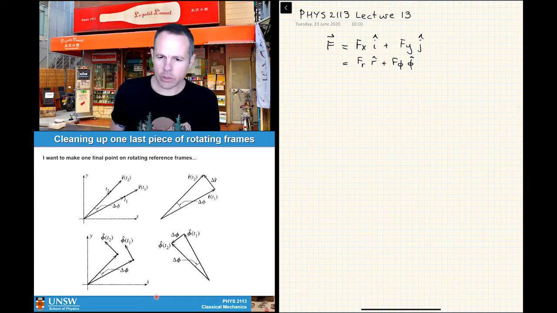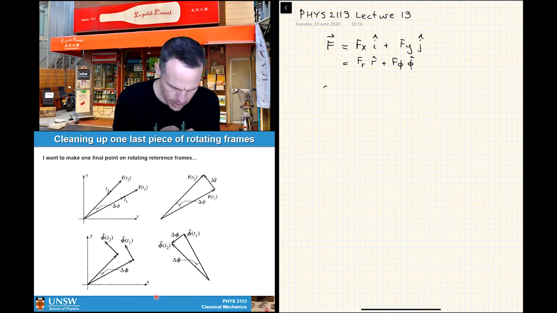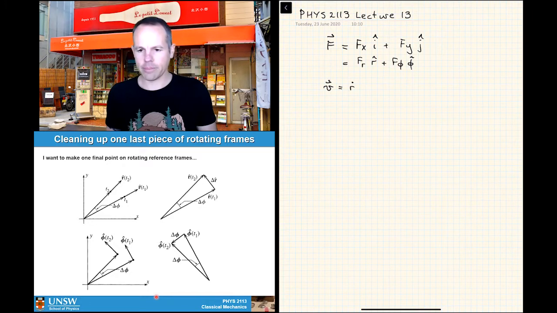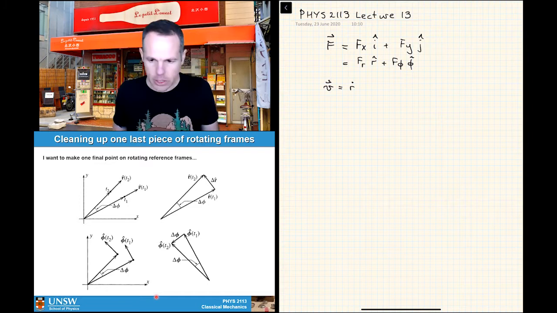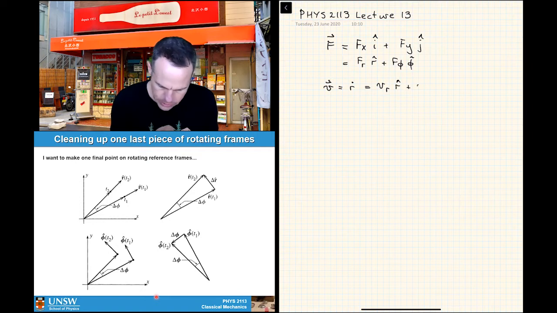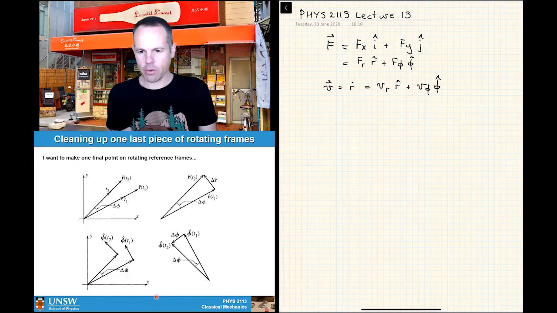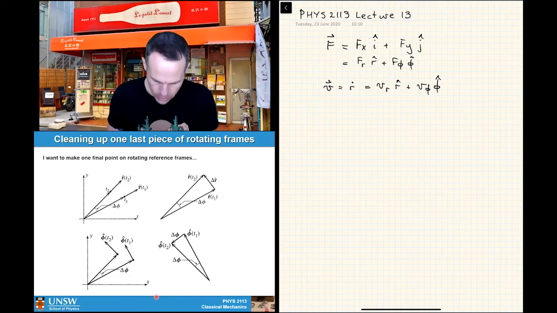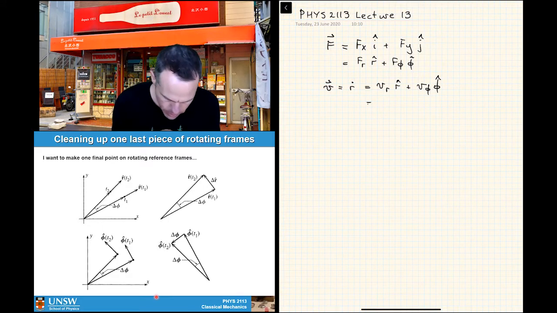All right, we can do a similar thing for v. So we have some velocity, and of course it's just going to be the time derivative of position. And this would break into 2 components, Vr r hat plus V phi phi hat, and of course we know what Vr and V phi are.